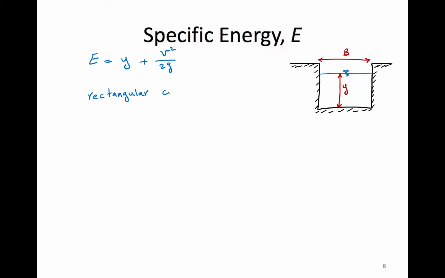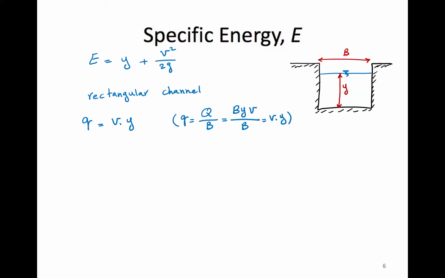In a rectangular channel, q is equal to V times Y. That's the unit discharge. I'm going to write it in brackets, how we got there. Small q is equal to capital Q divided by B. Capital Q itself is B Y times V, divided by B. So it will be equal to V times Y. That's how we got there.